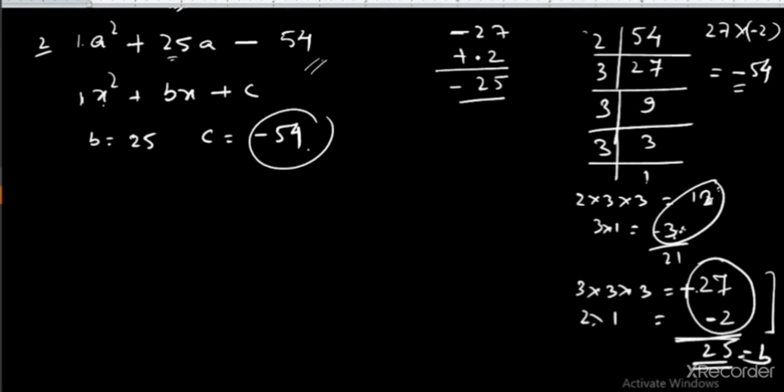So what you are going to do, simply change the sign, make the sign in front of 27 as plus, and in front of 2 you can bring the minus sign, then it will give you 25. You will get the answer in the form of plus, and this is absolutely equal to B.